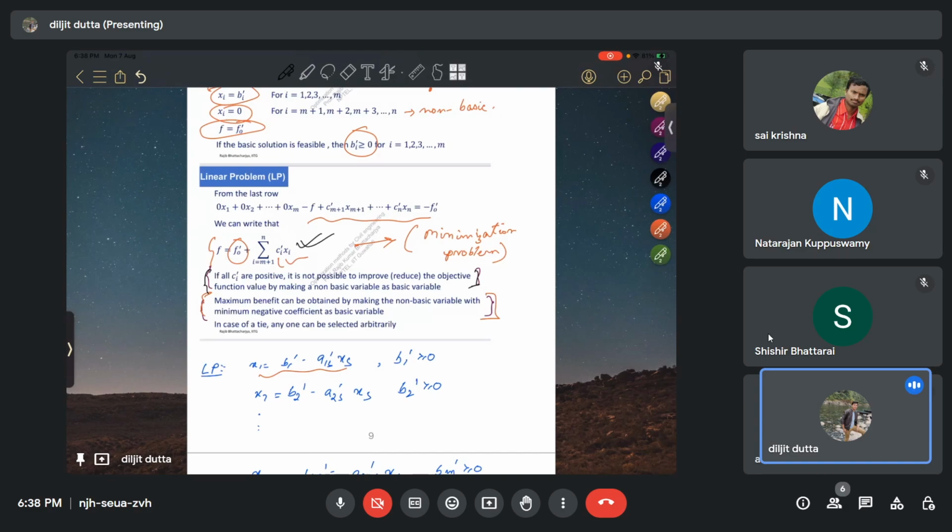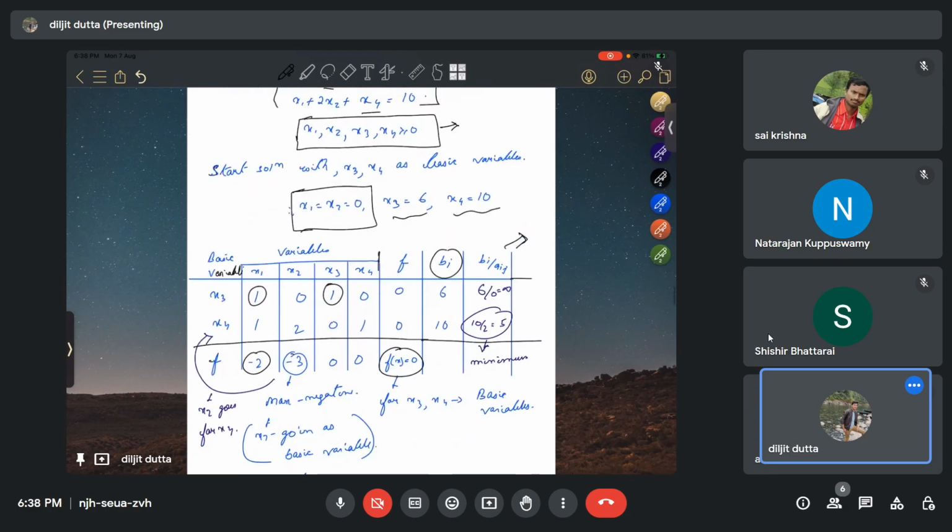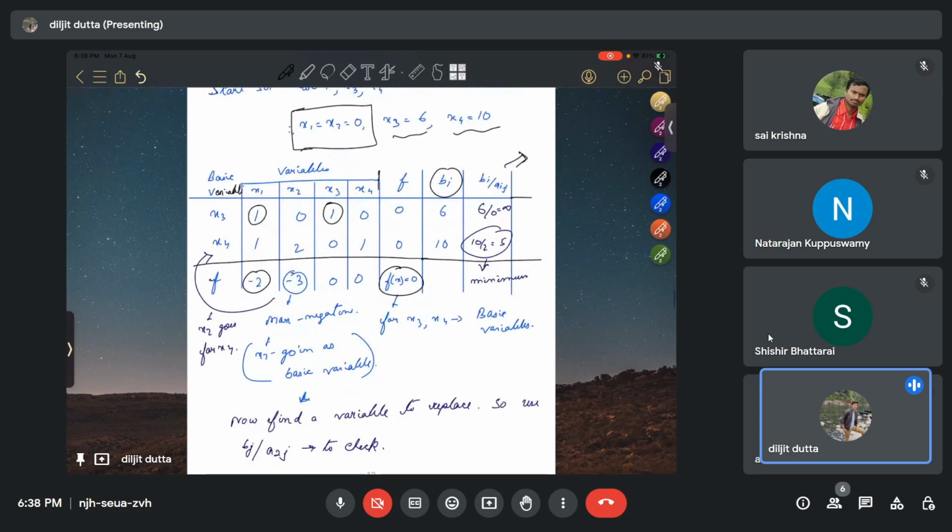The improvement can be done by choosing the non-basic variable with the minimum negative coefficient as the basic variable. In this case the coefficient of x2 is -3, the most negative, so x2 will go into the basic solution.